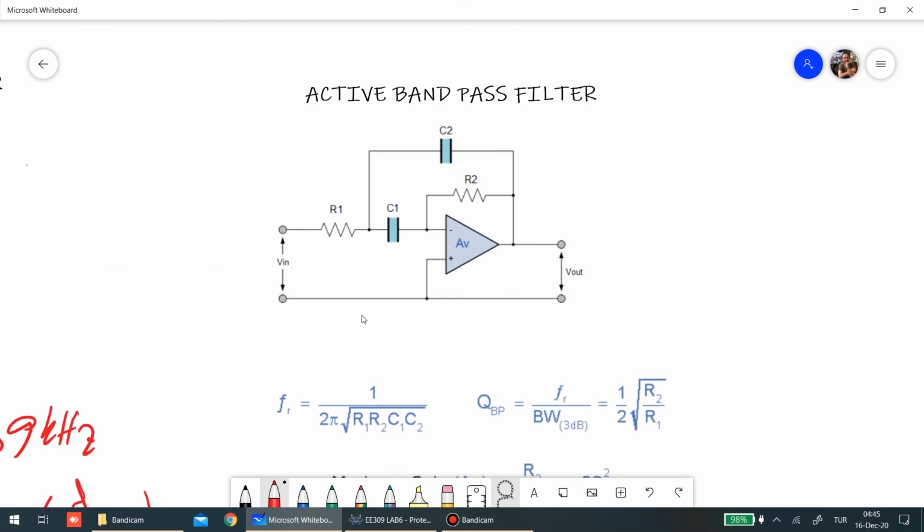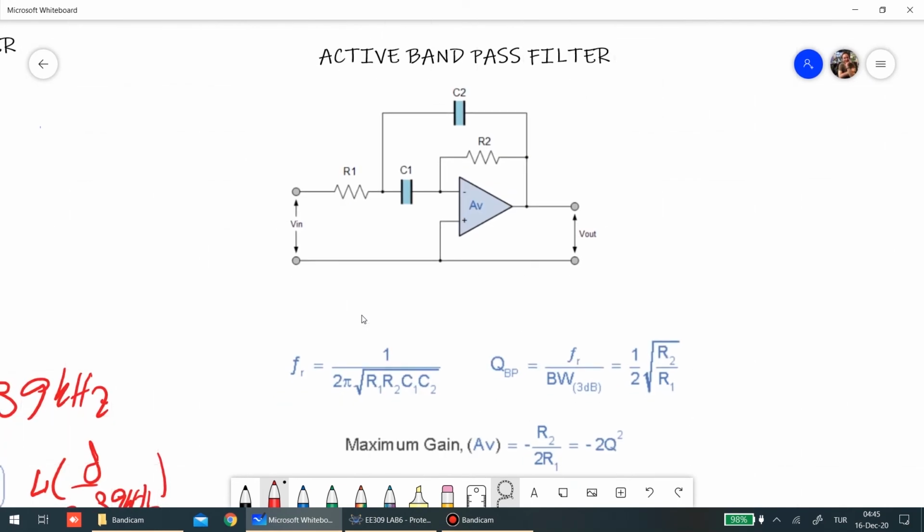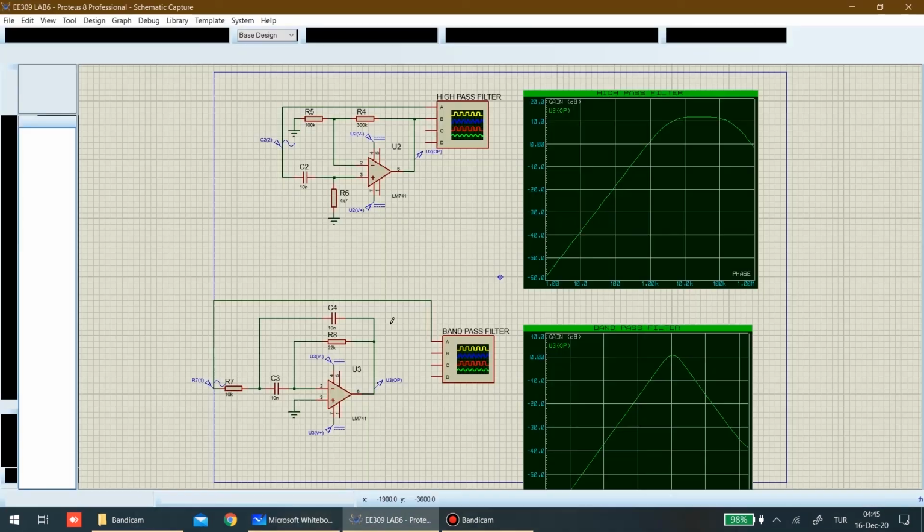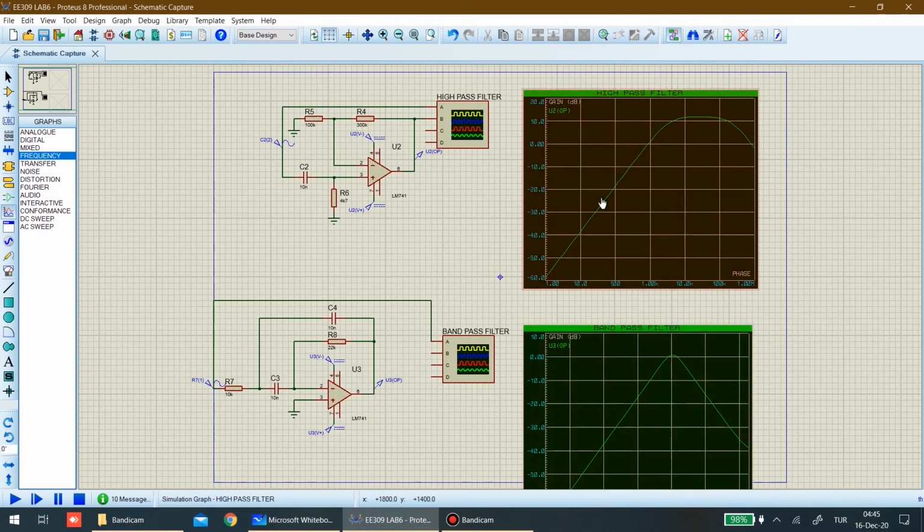So what about the active bandpass filter? By the way, we totally forgot to mention the Bode plot of the high pass filter.